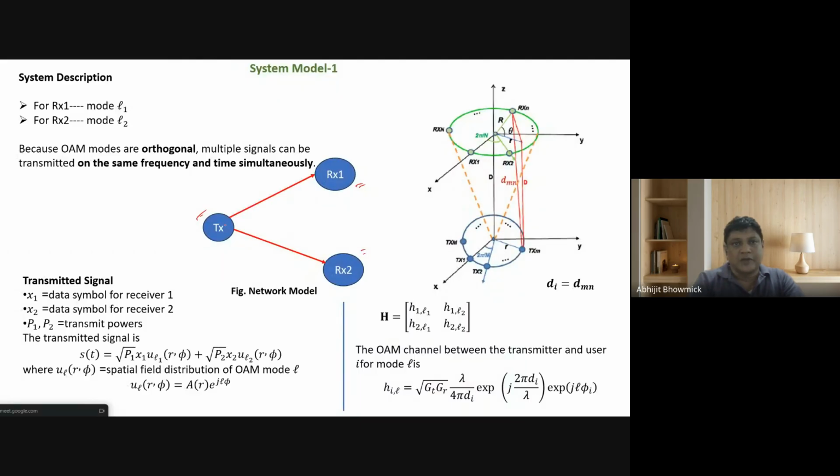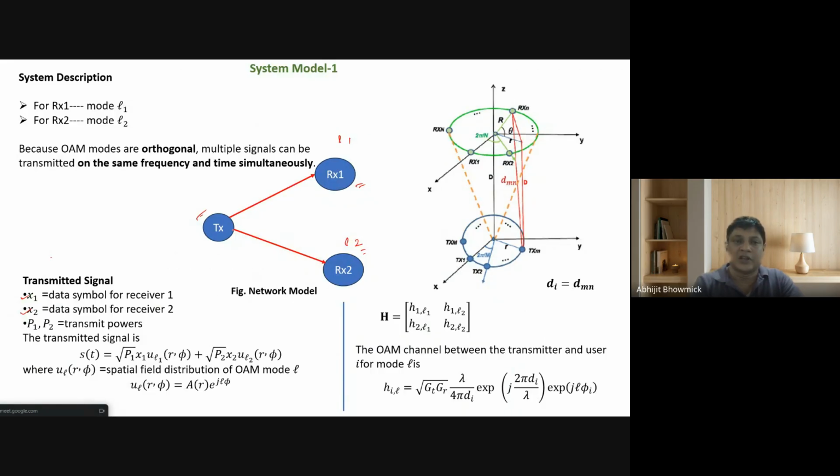The transmitter simultaneously transmits information to receiver 1 and receiver 2 using OAM transmission, or OAM multiplexing. For user 1, that is RX1, it uses mode L1, and for user 2, it uses L2. The user data is x1 for receiver 1 and x2 for receiver 2.